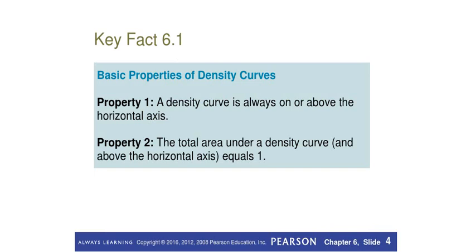They form often what's called a density curve, and a density curve is always on or above the horizontal axis, and the total area of the density curve, and therefore the total probability associated with all the events that could happen in that density curve, is equal to 1. That is 100%.